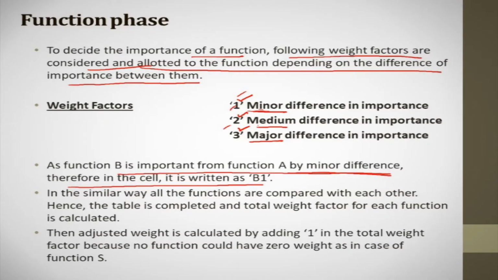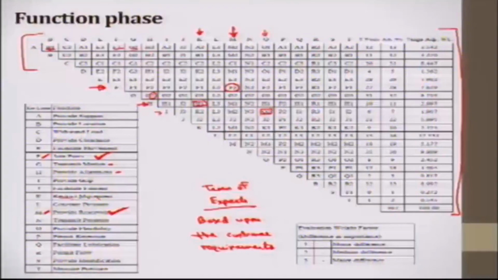So what we do, we have these rates. As function B is more important than function A by minor difference, therefore in the cell it is written B1. So in this way, this rating factor is used to evaluate the functions numerically.